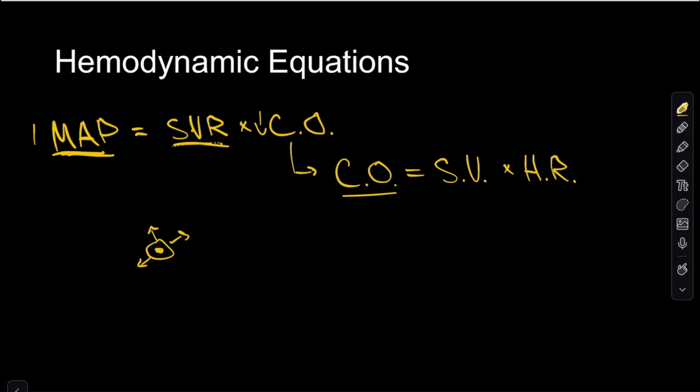And then you have to ask yourself, okay, why do you have a reduction in cardiac output? Do they have a low heart rate? So are they bradycardic? And they're just not beating enough times per minute to pump enough blood through their vascular system to maintain an appropriate mean arterial pressure? Or do they have a reduced stroke volume?